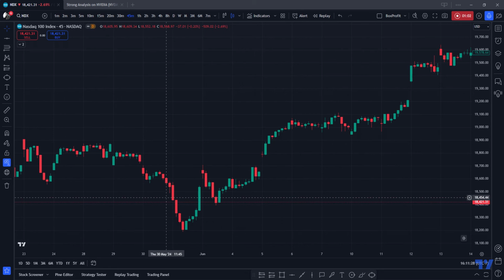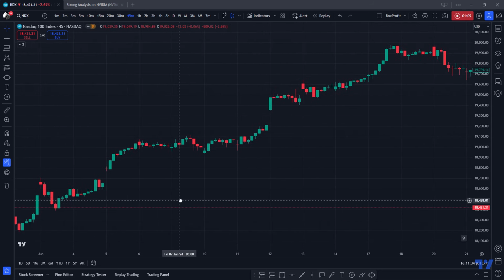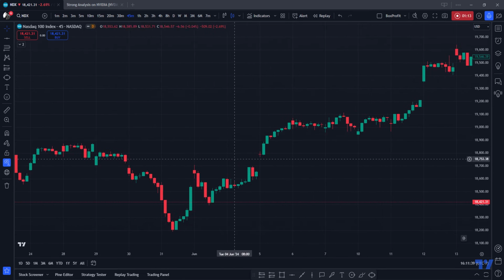It then gives us a smooth version of the same chart that we would be looking at on regular candles.